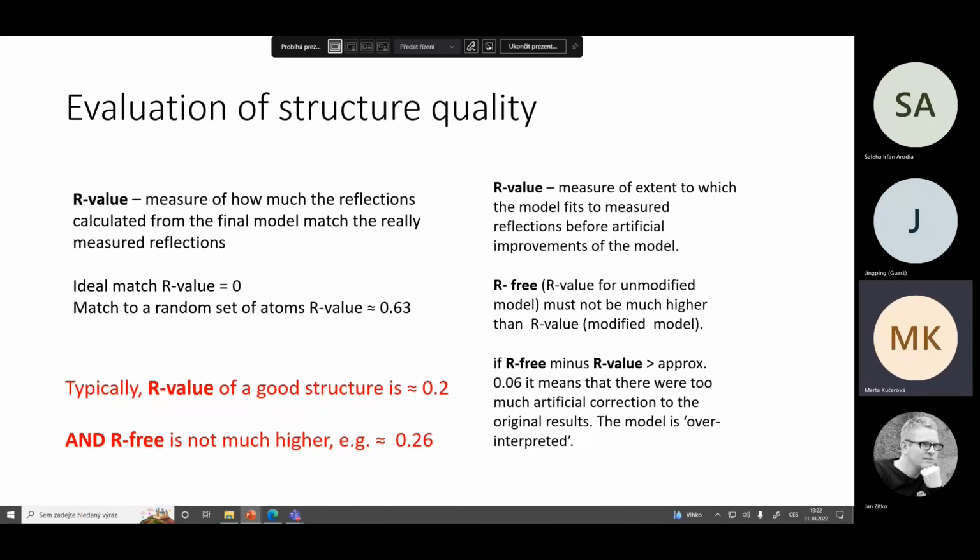So this value should not be higher than 0.26. So logically, it is higher than the R value, but should not be higher than 0.26.